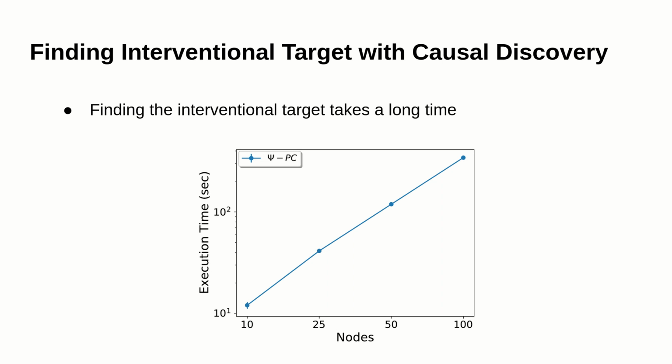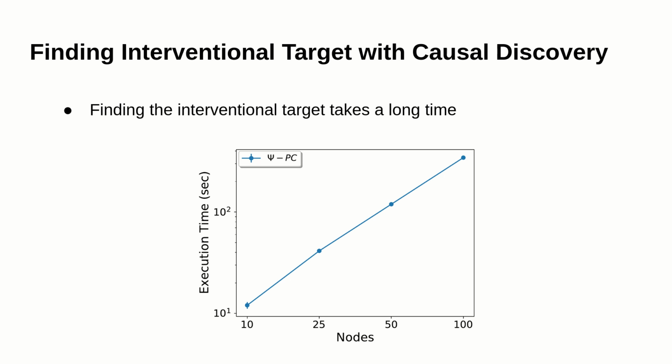However, using just a simple algorithm to find the interventional target is not suitable because it's an expensive task in terms of time. For instance, this graph shows the runtime of PSI-PC, which is an extension of PSI-FCI proposed recently in NeurIPS 2020.